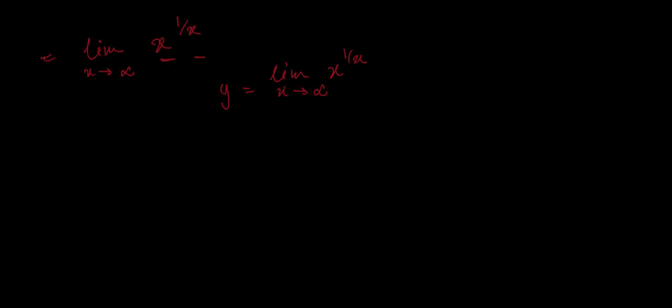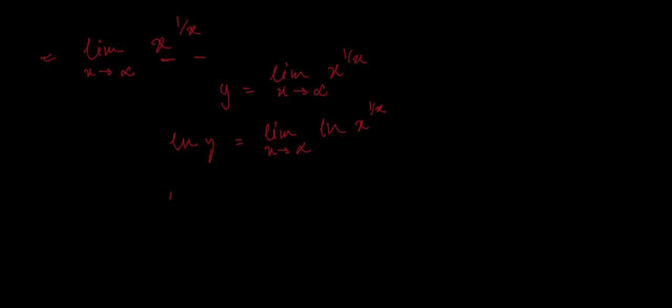Now we are going to take ln on both sides. Ln y equals the limit as x tends to infinity of ln of x to the power 1 by x. The reason to bring in the ln is so that we can bring the exponent 1 by x in front, so that we end up with a denominator.